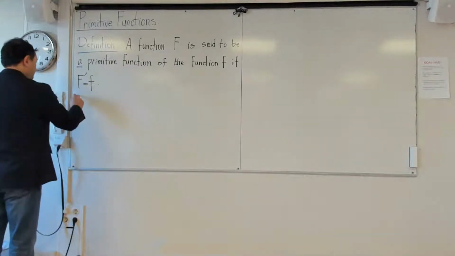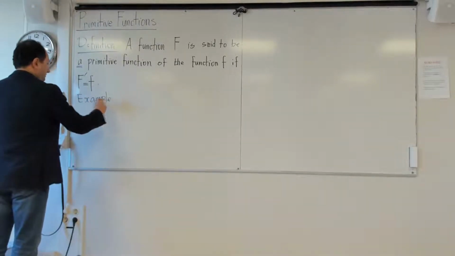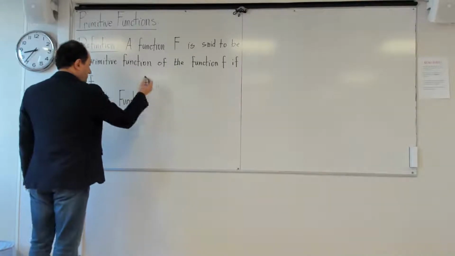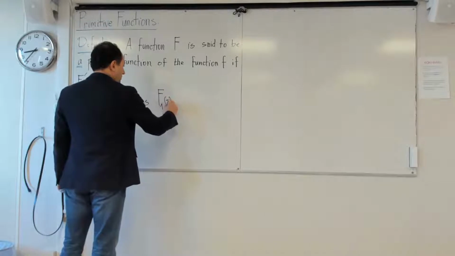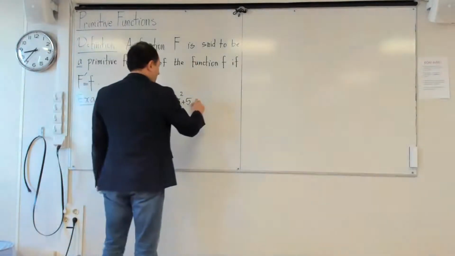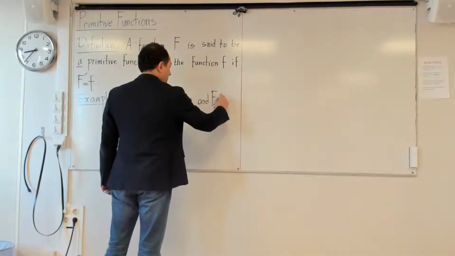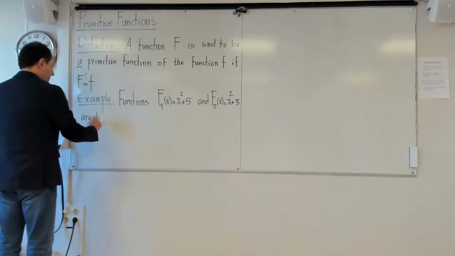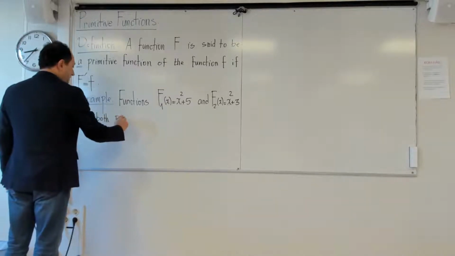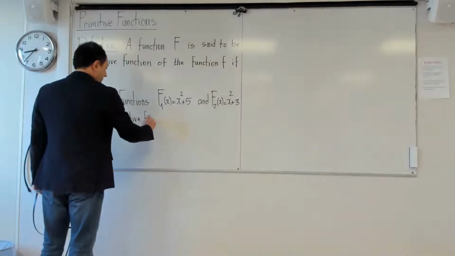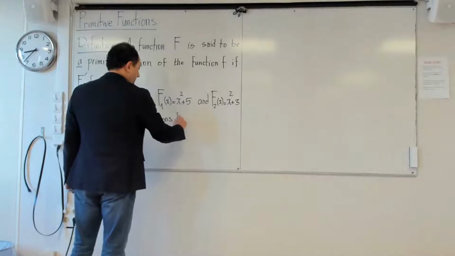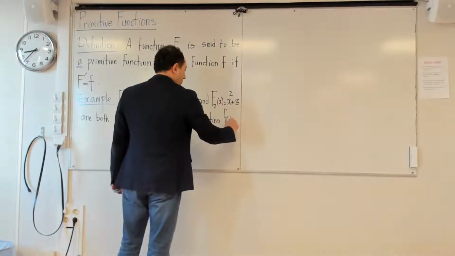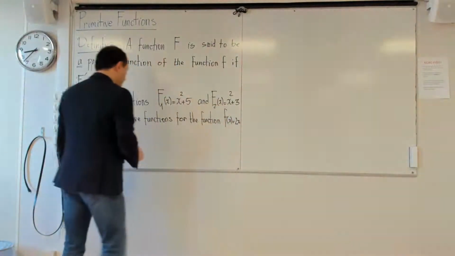So for example, let me write f1 of x equals x squared plus 5, and f2 of x equals x squared plus 3 are both primitive functions for the function f of x equals 2x.